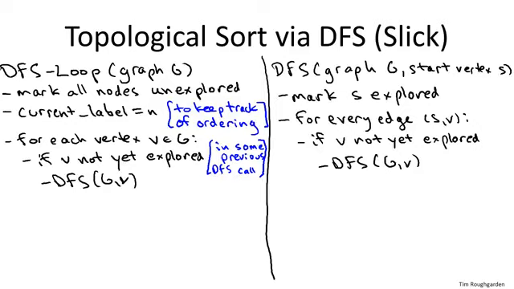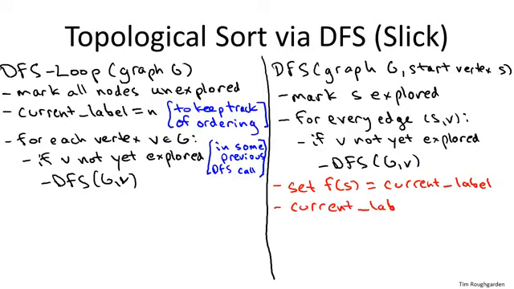Well, it turns out the right time is when we're completely finished with that vertex. So we're about to pop the recursive call from the stack corresponding to that vertex. So after we've gone through the for loop of all the edges outgoing from a given vertex, we set f of s equal to whatever the current label is, and then we decrement the current label.